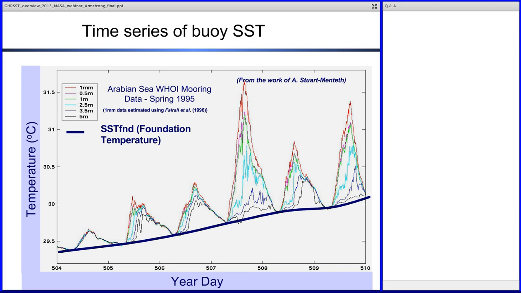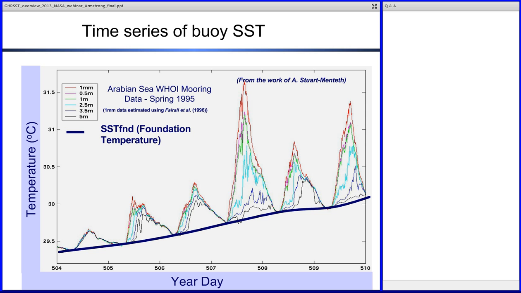The thick red line is what, in our mind, represents the sea surface foundation temperature. This is the temperature where these diurnal signatures have collapsed down to the same temperature at the end of the day or well into the night, as you approach the early morning dawn hours. This is the temperature that we define as free of any diurnal warming signature.